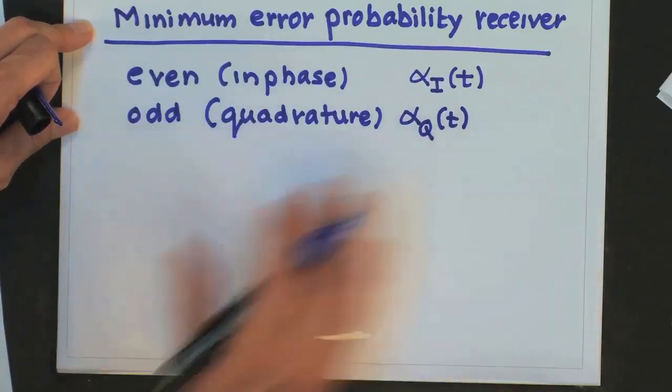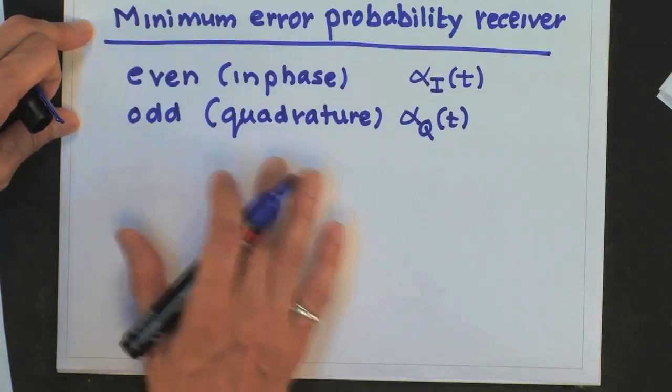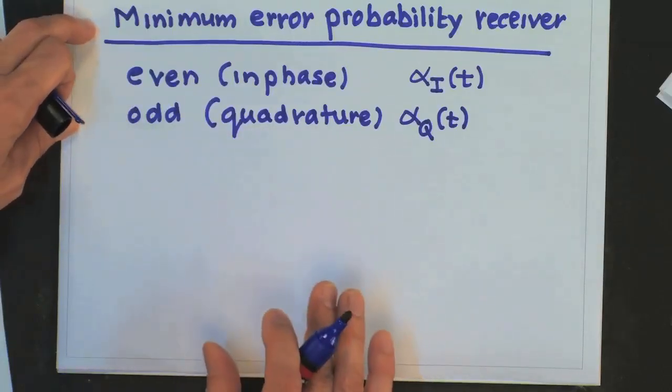So, what this implies is that the QPSK signal can be considered to consist of 2 separate non interfering BPSK signals.